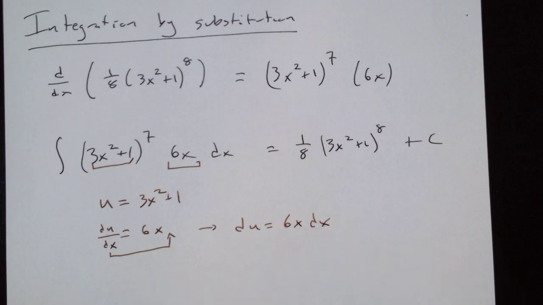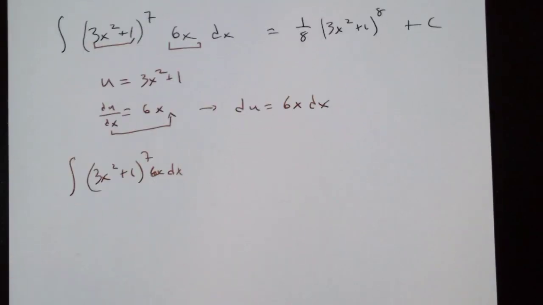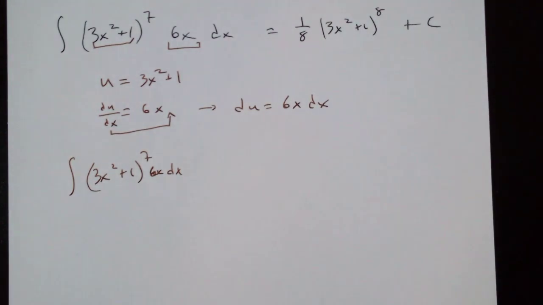Well, now I've got the opportunity to make a change of variable. In the integral itself, I have these pieces. Let's take all of these pieces and replace them with things that are in terms of u.